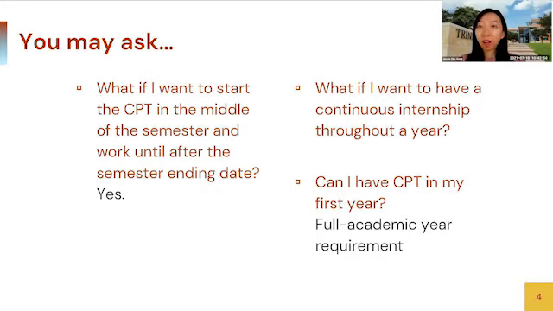For all students starting at Trinity as a freshman, they will need to have a full academic year of study with Trinity under F1 status before they can apply for CPT.